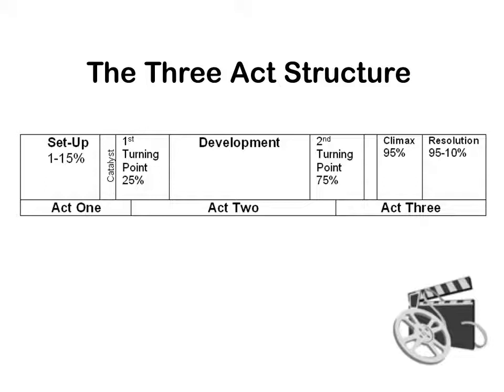Act 2, as you can notice, is the longest act in the film, which includes the development part and the beginning of the second turning point. Act 3 contains the climax and the resolution. In detail, we will discuss all these parts and we'll have a definition for each point.